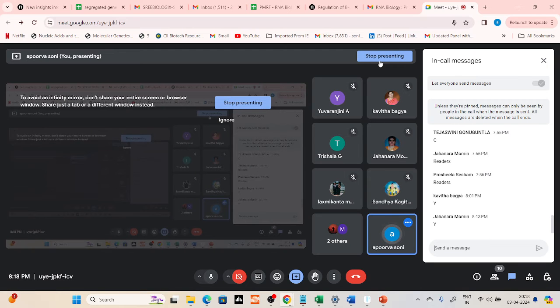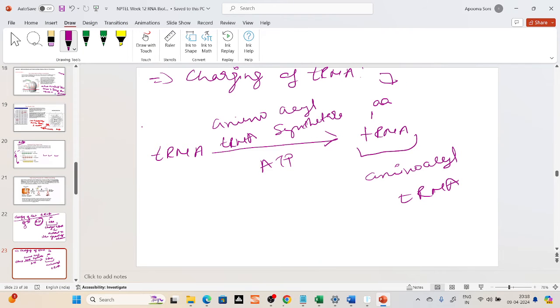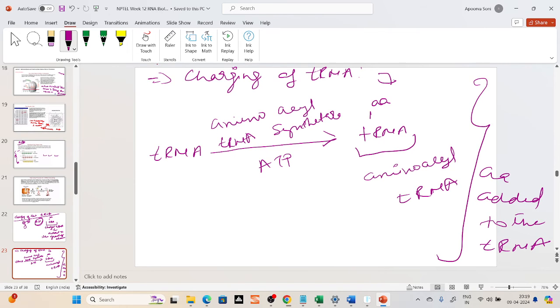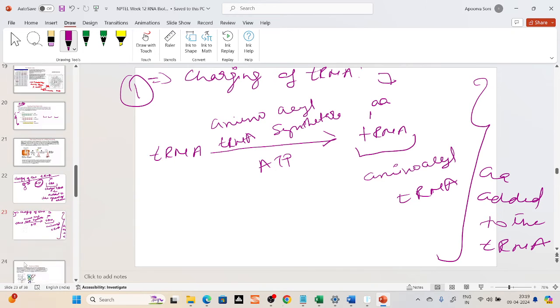The first step in protein synthesis is the charging of tRNA, which means the amino acid is attached to the 3' end of the tRNA. This addition requires ATP and the enzyme required is aminoacyl tRNA synthetase. So now your tRNA is charged, meaning the amino acid is added to the tRNA. This is your first step. Then what would be your second step?